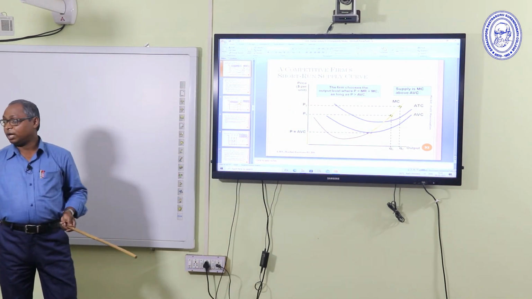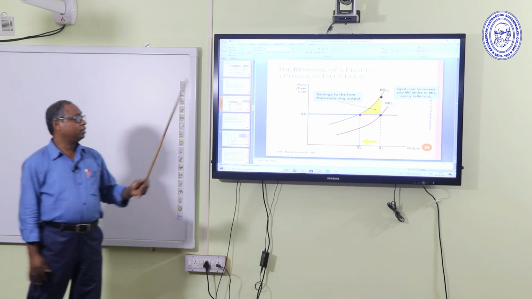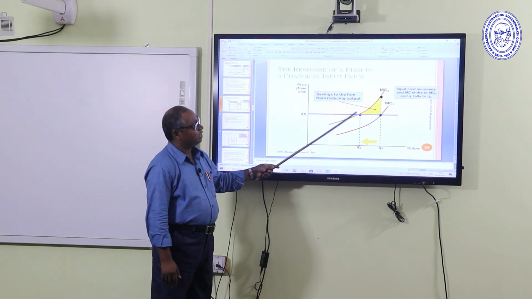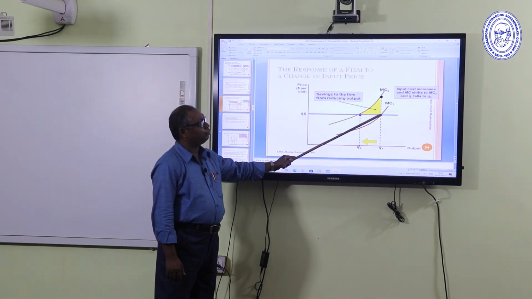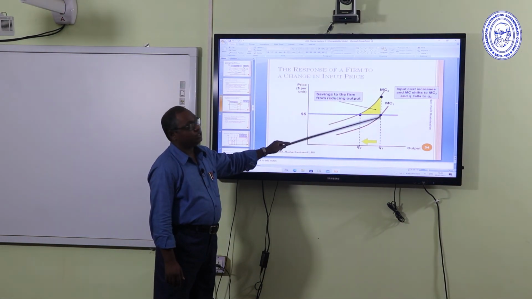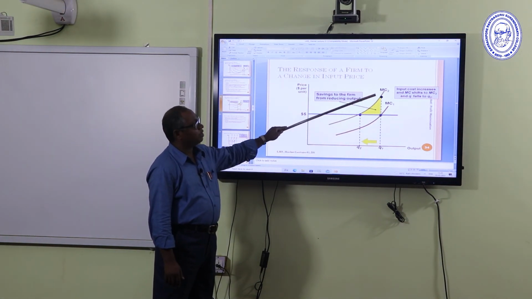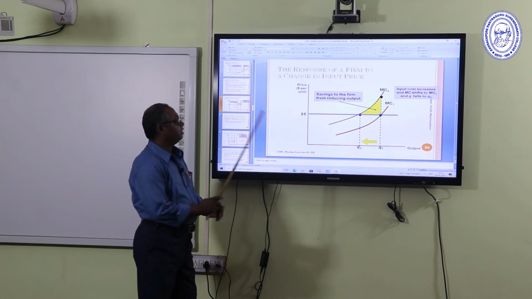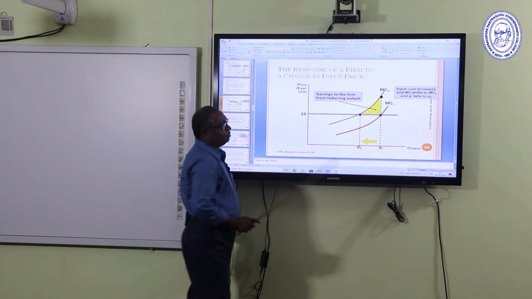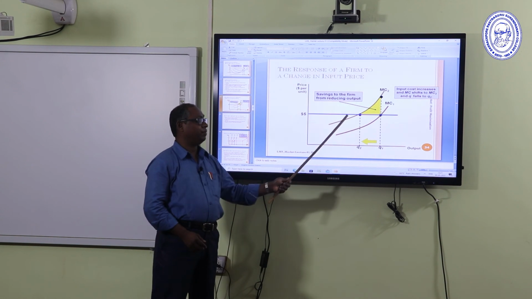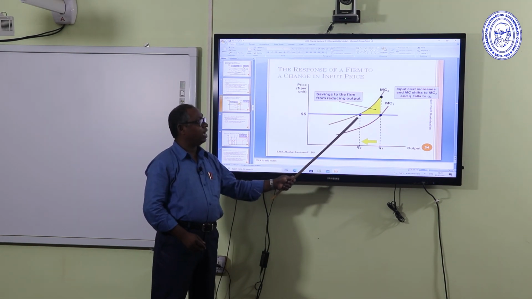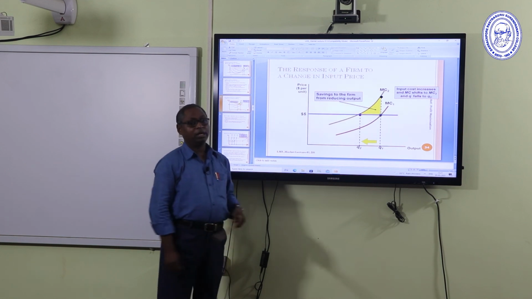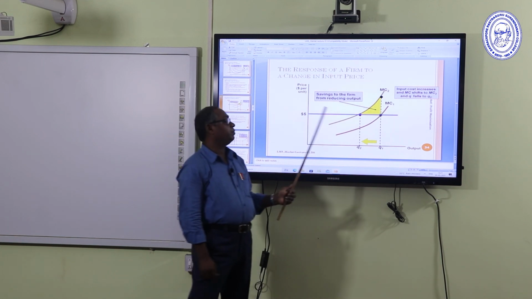Okay? So if the variable cost changes, then MC should increase. If cost increases, then MC shifts upward by that amount, and if this is the price line, the equilibrium of the firm shifts to the left with the new MC and the given MR or AR curve.